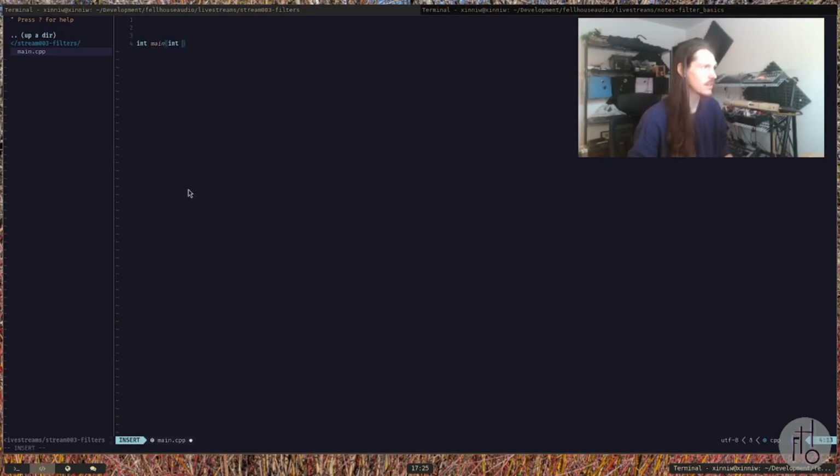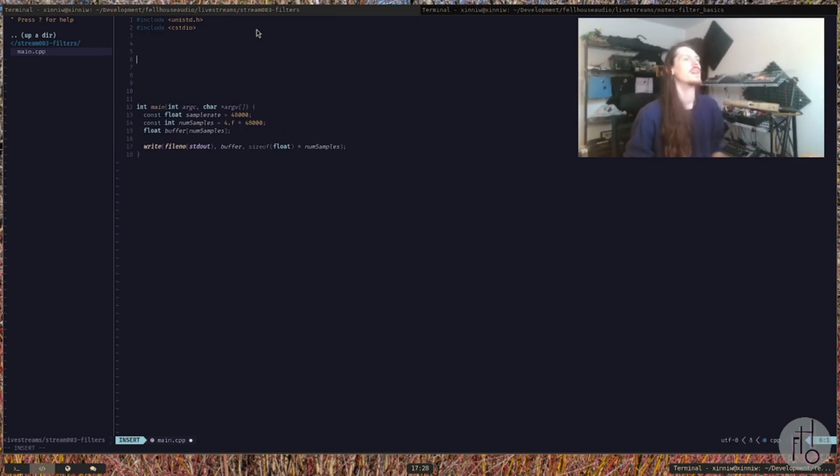Let's make a little harness that we can use to hear this thing. All right. That's all the boilerplate out of the way. So, Julius Smith kicks off his book on digital filters with what he calls the simplest low-pass filter. And I agree. I think it's the simplest low-pass filter. And I also agree that it's a very good place to start. So we're going to start there.